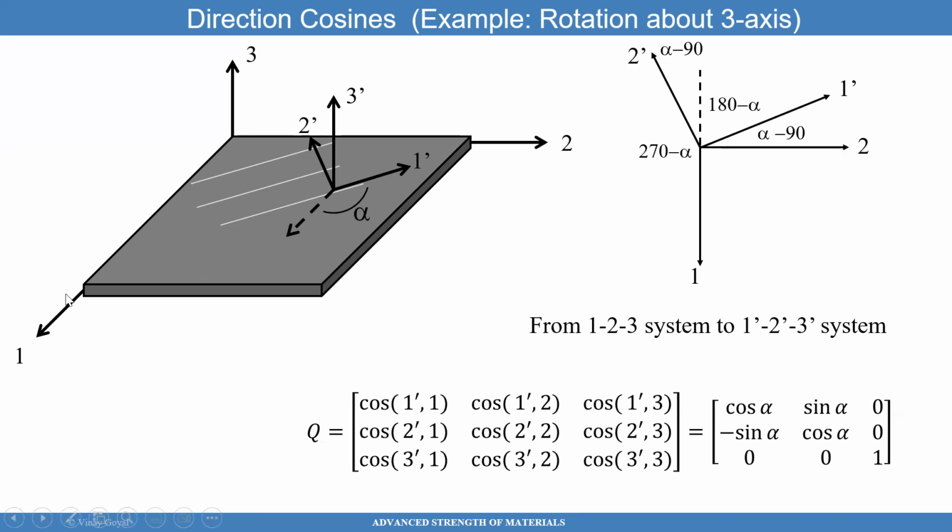Then if I know the stress states in this system, I can transform it so that I know the stress along the 1' axis. And if I have that value, then I'm able to compare it to the strength of the material. That is just one application where it's valuable to learn how to do transformations in three-dimensional theory.